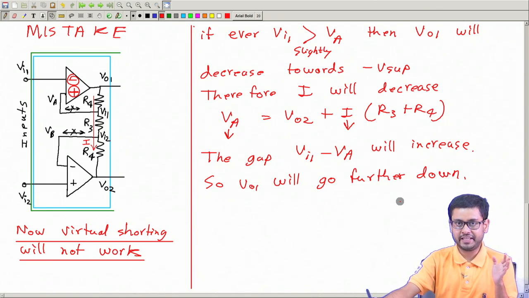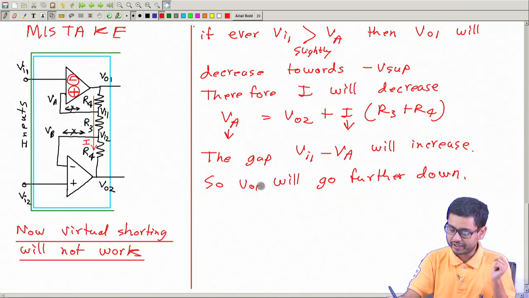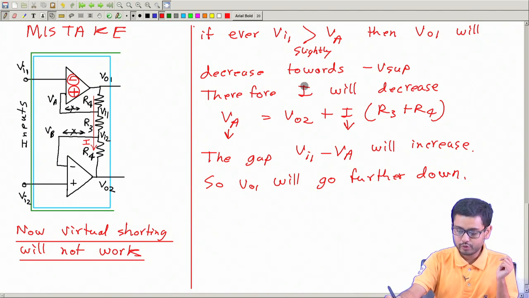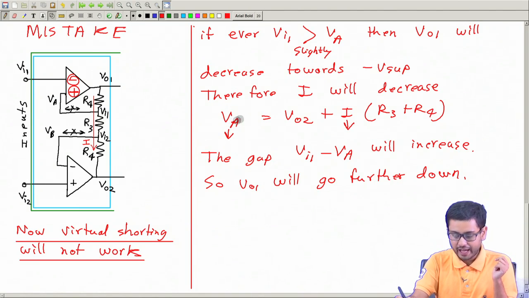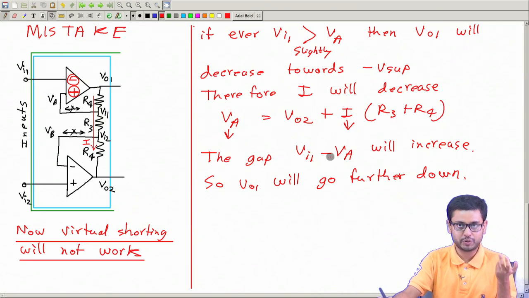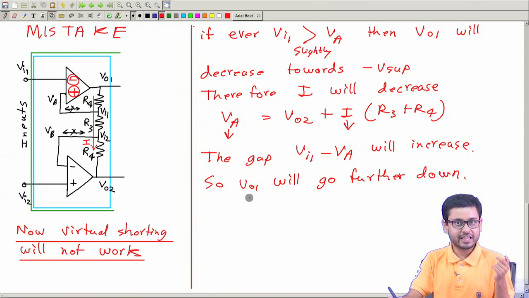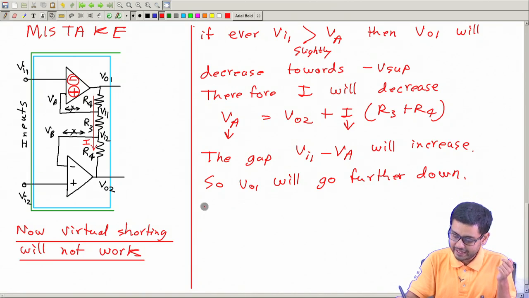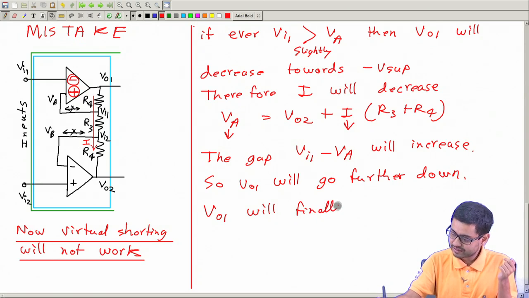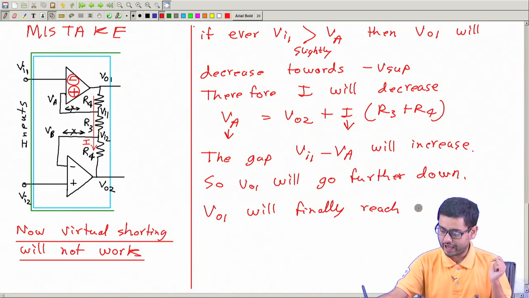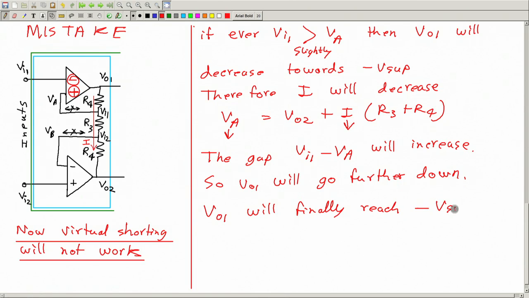And this way a chain reaction will happen. VO1 going down causes current I to go down, which causes VA to go down, and if VA goes down, the gap between these two increases. So VO1 will go down, and finally VO1 will reach the lowest possible value, which is minus V supply, saturation.